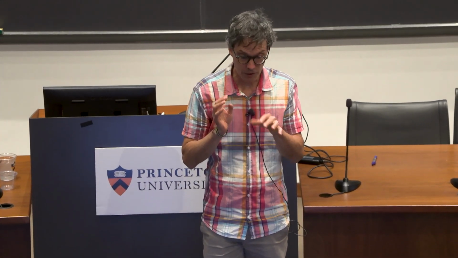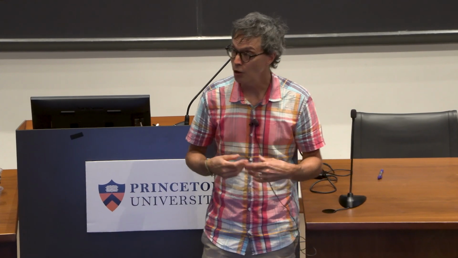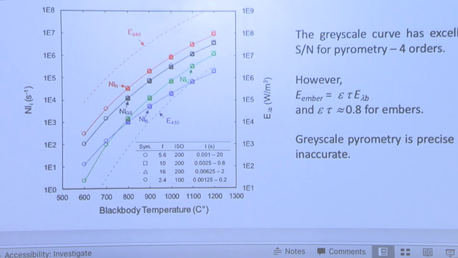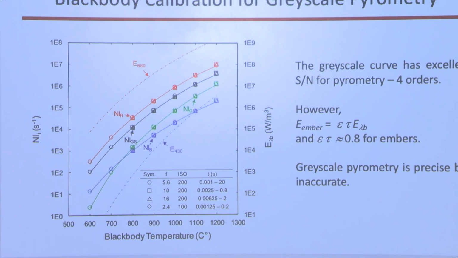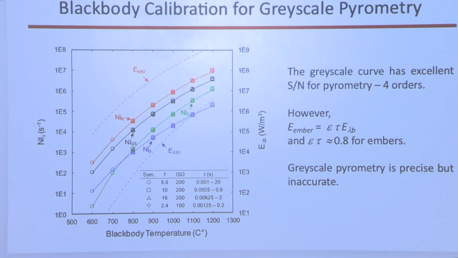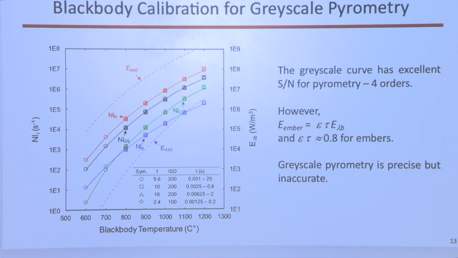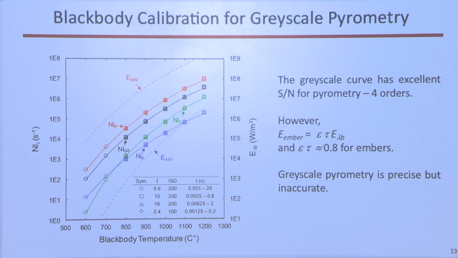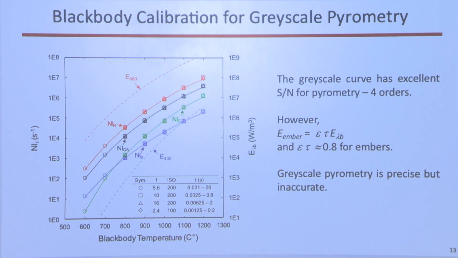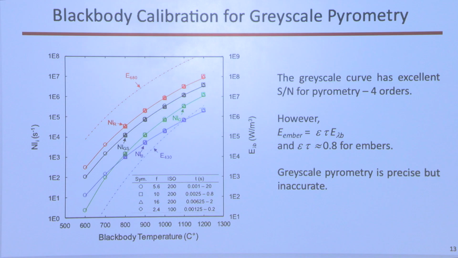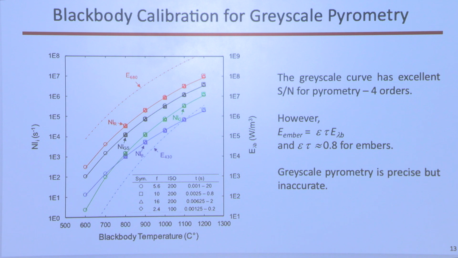So I also want to get across to you, this is a log scale on the y-axis. Look how many orders of magnitude you get in variation. From 600, the red scale, red is the most important one. You know, those pixels, when they're glowing, they look red. And you get about 4 orders of magnitude. So anytime you're doing combustion and you have a signal that varies by 4 orders of magnitude, you ought to feel very lucky. A lot of times you measure something and it only varies by a factor of 2.